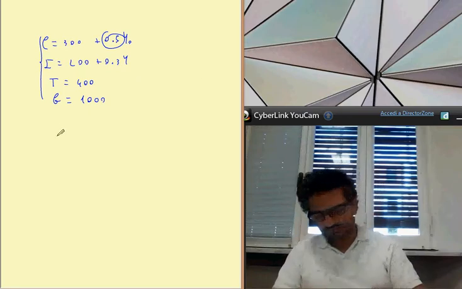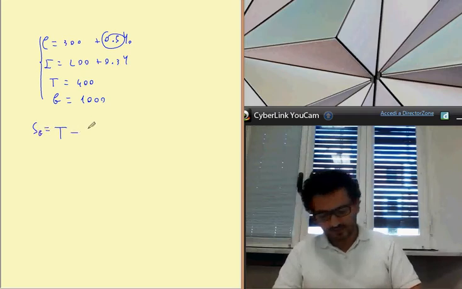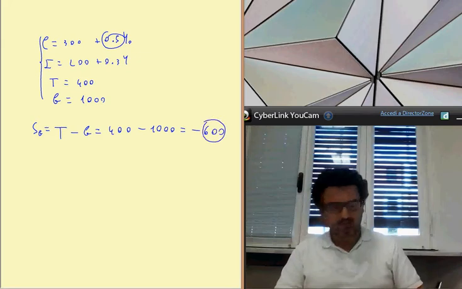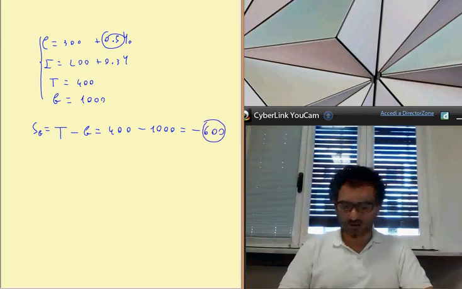We need also to compute the government deficit. We can compute the government saving as T minus G, so in this case 400 minus 1000, which is equal to minus 600. So the government deficit will be equal to 600.